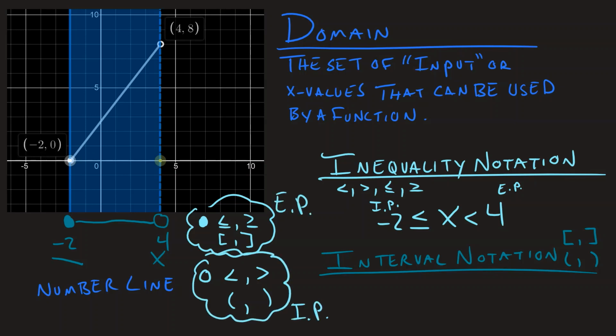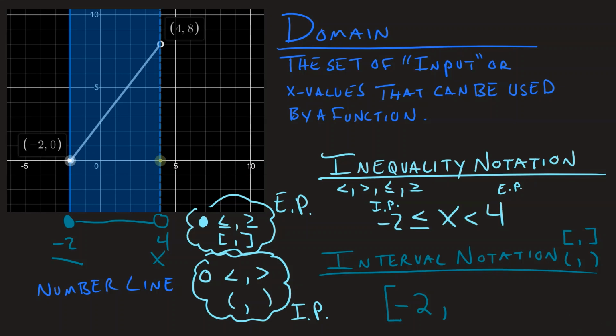So let's go ahead and use the same numbers that we use to describe our domain for both a number line and inequality notation to describe it in interval notation. So because my leftmost point is an included value, I'm going to use a bracket. Now that value was -2. I'm going to write a comma in between.